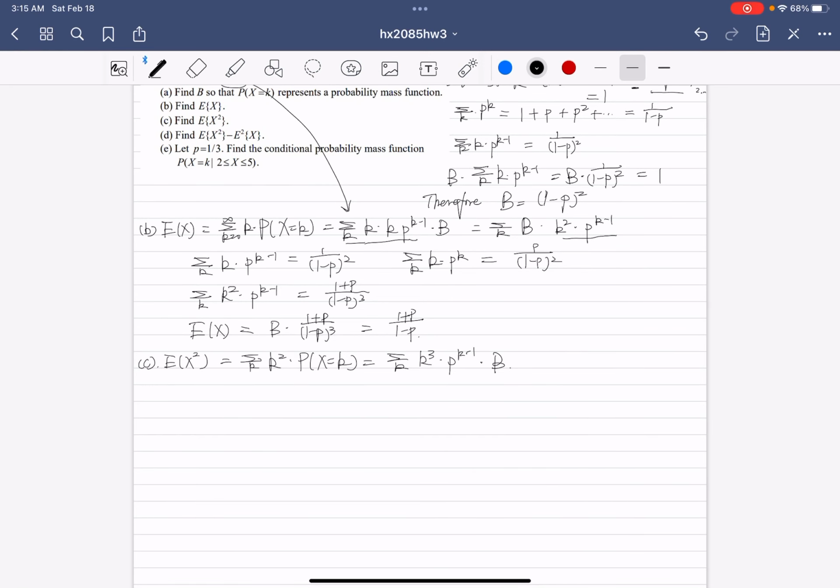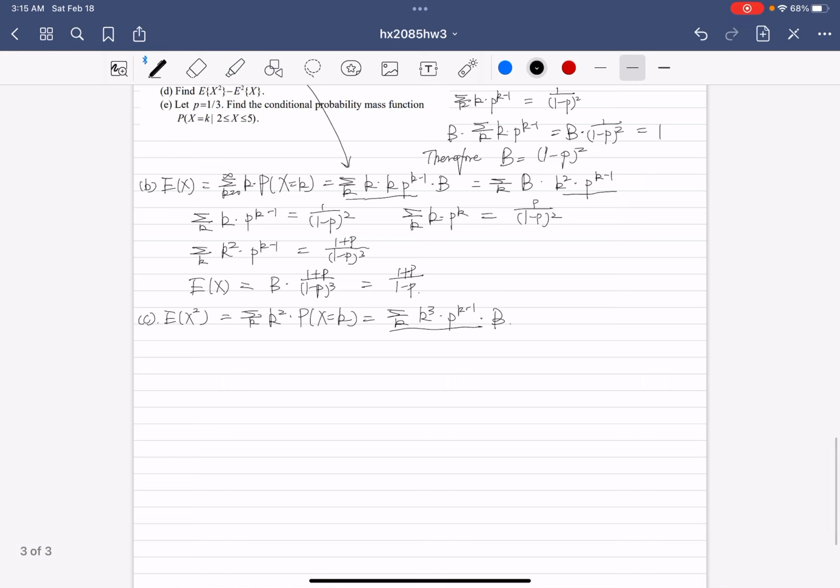So we need to calculate the left part first. The sum of k squared times p to the k is 1 plus p times p divided by 1 minus p cubed.